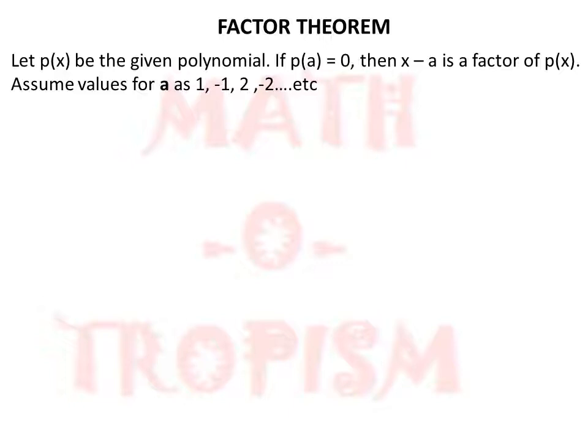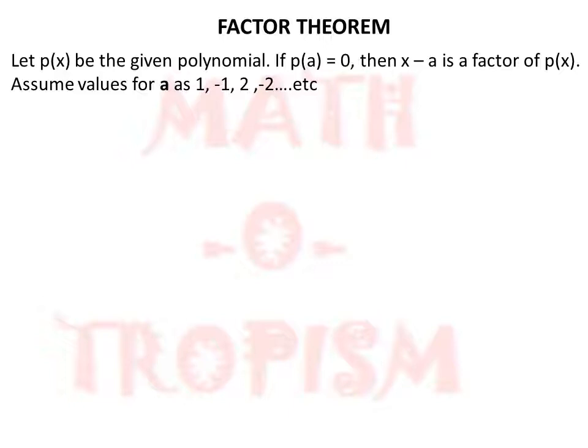So this means that if the remainder is coming to 0, then the divisor is a factor of the dividend, just like how we do in normal division. For example, 4 divided by 2, we get the remainder as 0. So it means that 2 is a factor of 4.